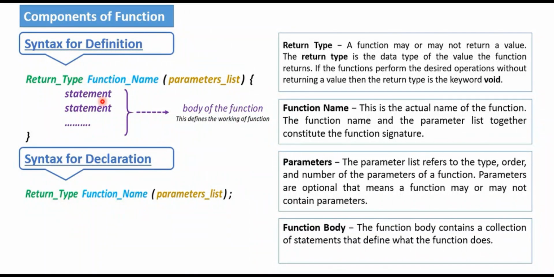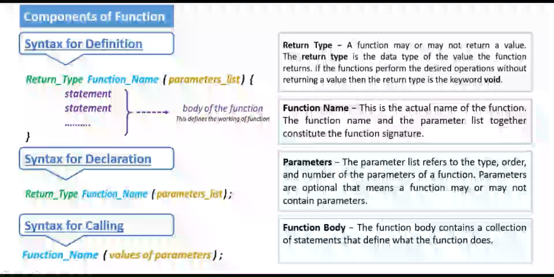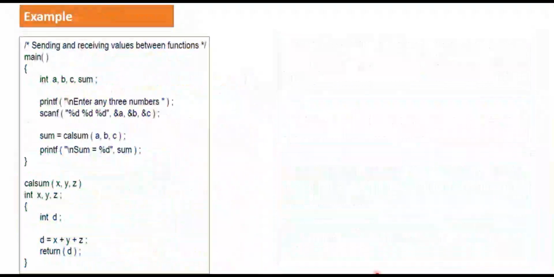So whenever the function is called by this syntax, that is, calling the function name with the values of the parameters and a semicolon, the compiler knows that there is a definition in this code for this particular function. Let's understand with an example of sending and receiving values between functions.